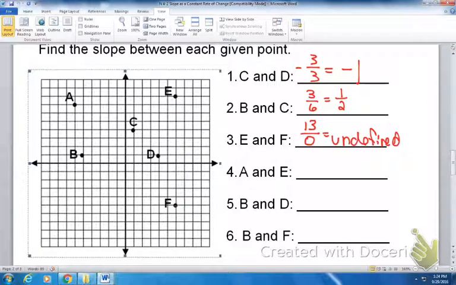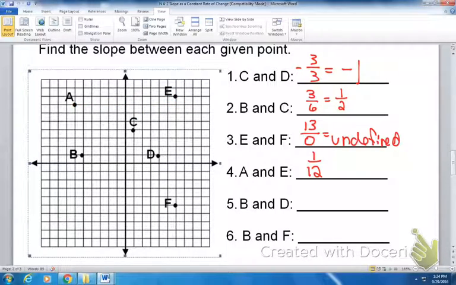Let's look at the next one. Looks like we have A to E. So let's see. It looks like it's going to be a positive slope. Let's count 1, 2, 3, 4, 5, 6, 7, 8, 9, 10, 11, 12 is the run. 1 is the rise. So the rise over run would be 1 over 12, and that's positive. It's already simplified, so we're good to go.